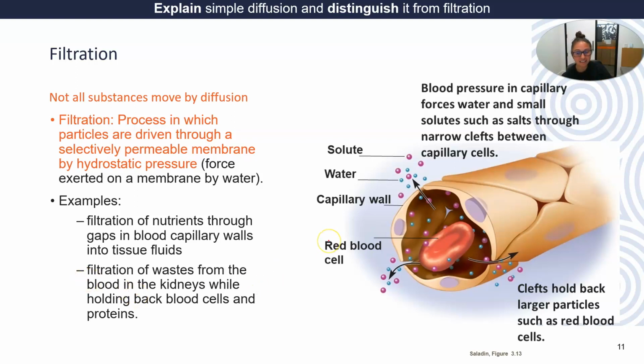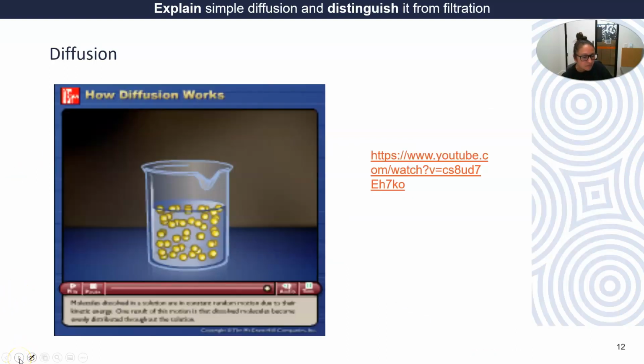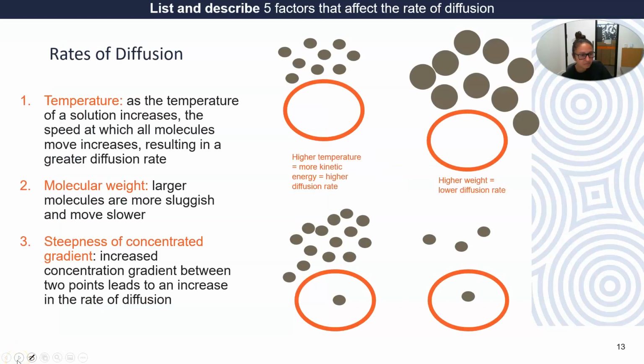In the kidneys is one, but just be mindful for now that not all molecules move via diffusion, sometimes there's another process. I'll let you watch this little video and graphic.